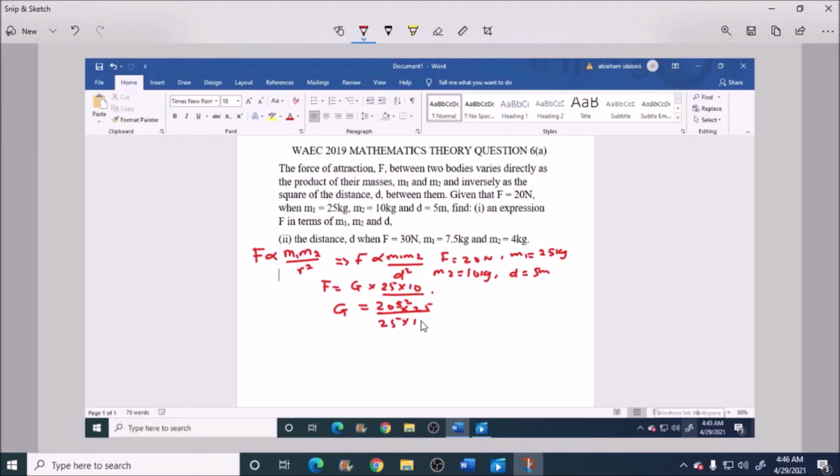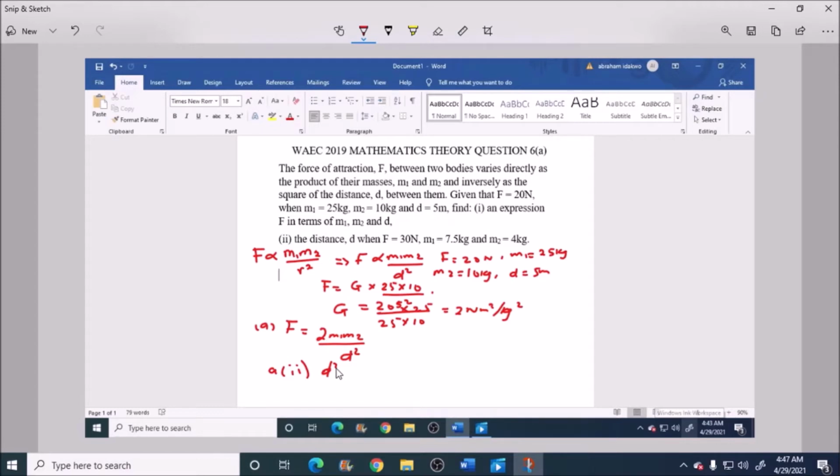Then a(ii), we have d squared is equal to, okay, let's begin from F from here.